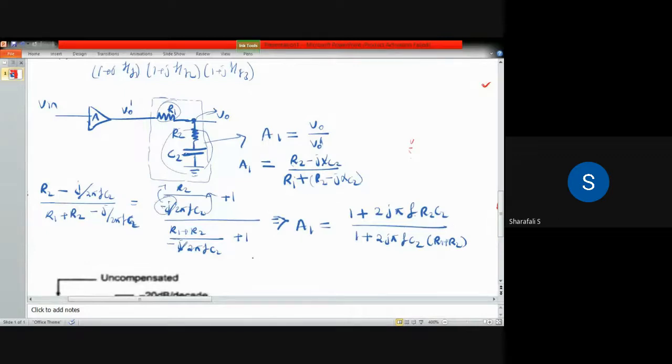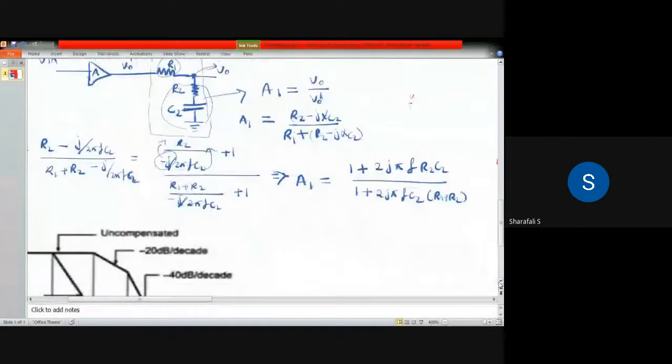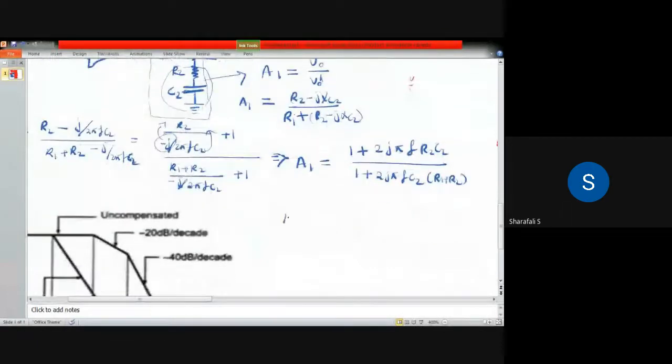If you consider the conditions, we have to apply two conditions here because we have two terms.